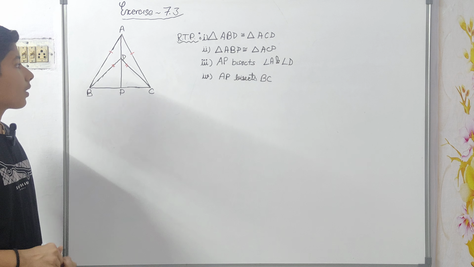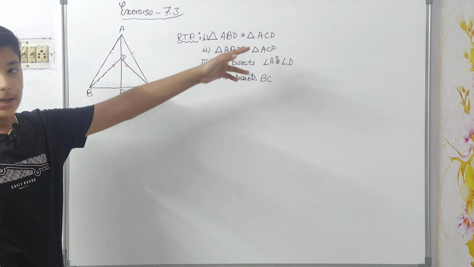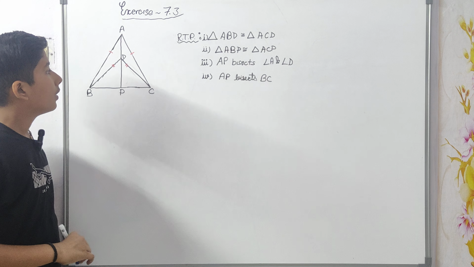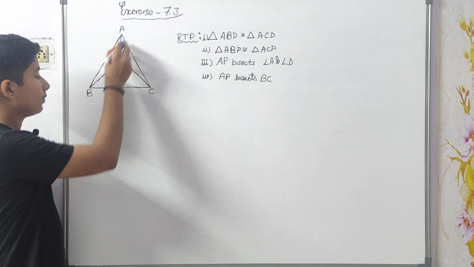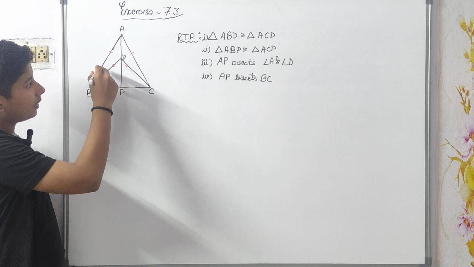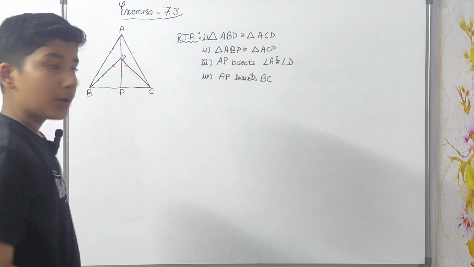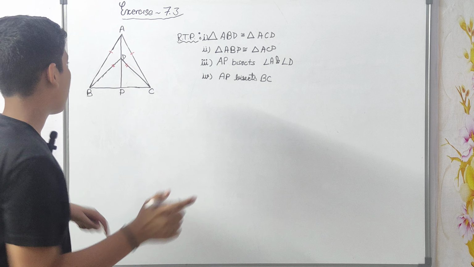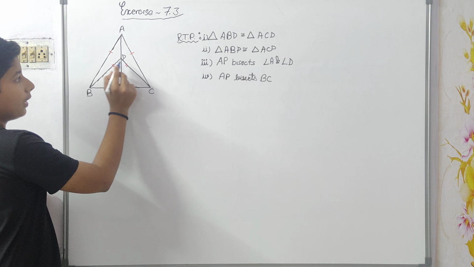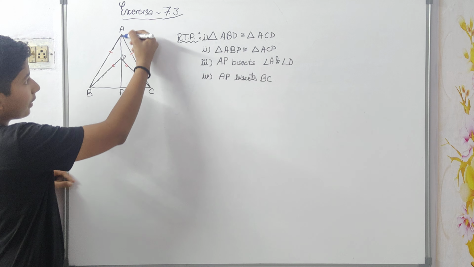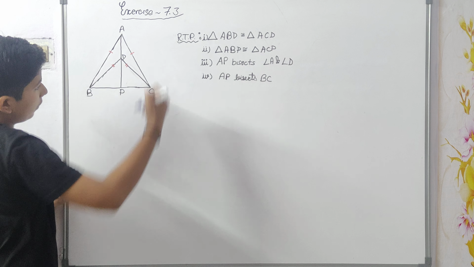Okay, now we have to firstly prove triangle ABD is congruent to ACD. ABD means this triangle is congruent to this triangle. So firstly, you just observe what can you see common. So this side is equal to this side, this equal to this, and last this side is common.